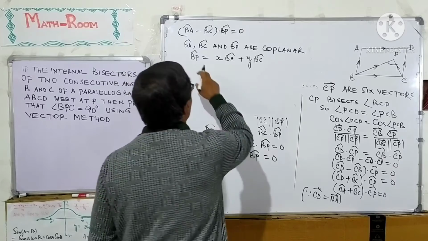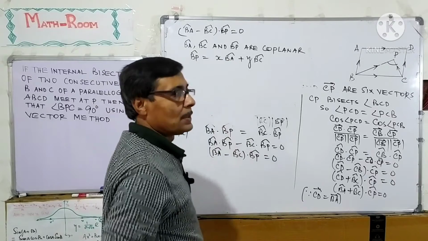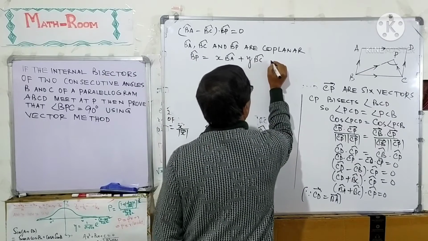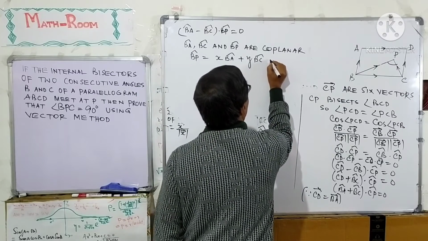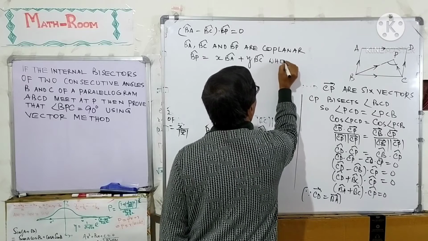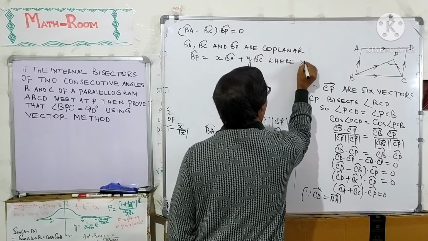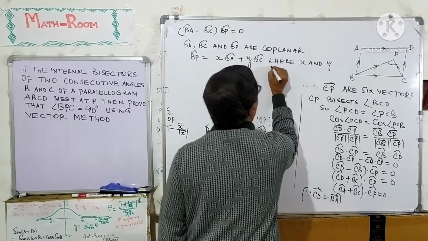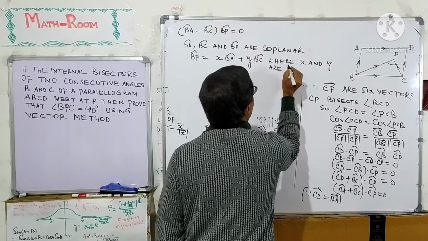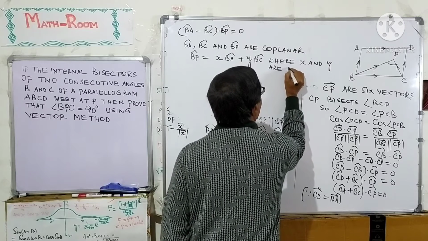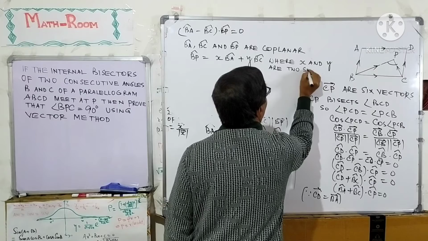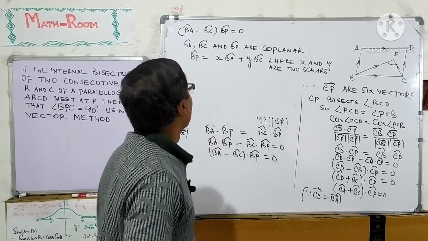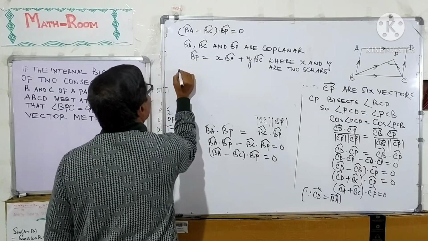So, BP cap can be expressed as x BA cap plus y BC cap, where x and y are two scalars.